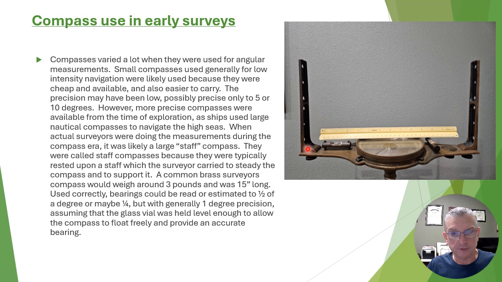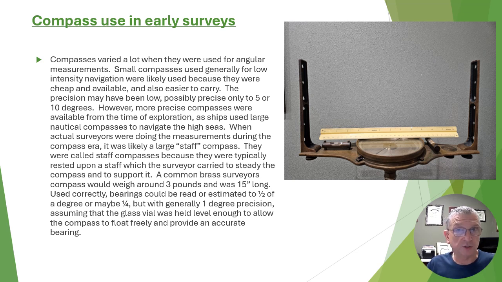So, here's the vial where you would read the bearing, and then you would sight it through the holes on either end of the vanes, and then here are the pair of the levels. So if you weren't careful, you could get a bearing that was off a lot and not realize it.